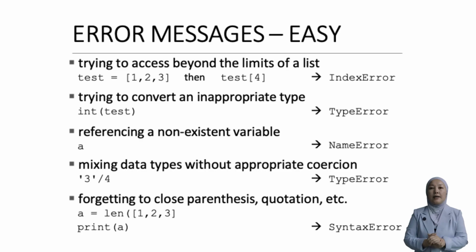A name error happens when your code references a variable name that has not been defined in the current scope. Another form of type error occurs with inappropriate operations between types, such as attempting to divide a string by a number. Finally, syntax errors are caught before the program runs and typically involve structural mistakes like missing closing parentheses or quotation marks.